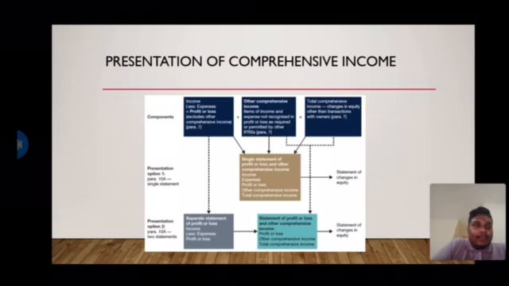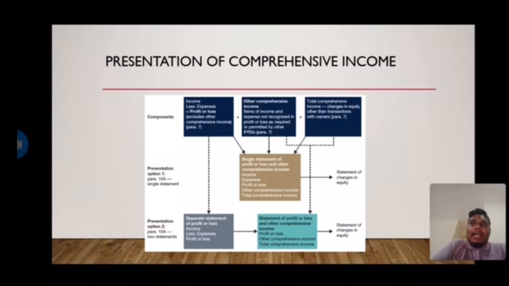If you see the figure, the brown one states a single statement of profit or loss and other comprehensive income with two sections presented together: the first section for profit or loss, followed by the second section for other comprehensive income. Or two statements: a separate statement of profit or loss presenting the components of profit or loss, which must be immediately followed by a separate statement presenting comprehensive income, beginning with the profit or loss and presenting the components of other comprehensive income.